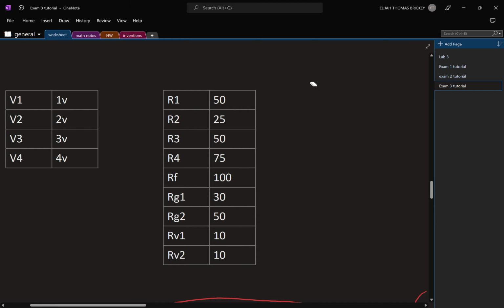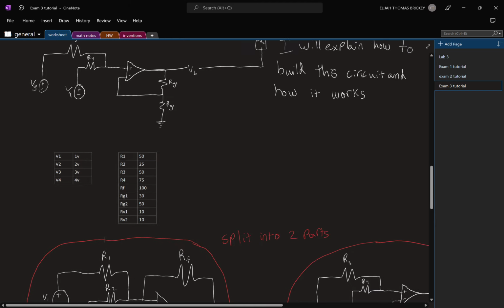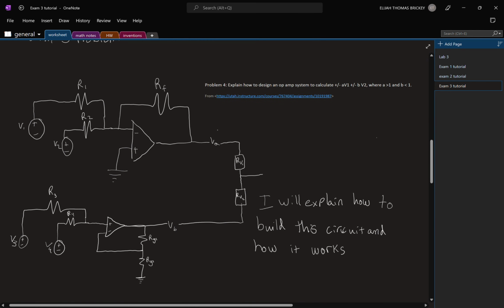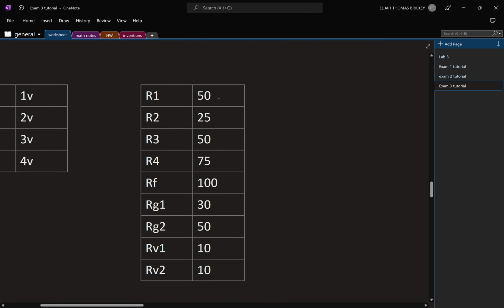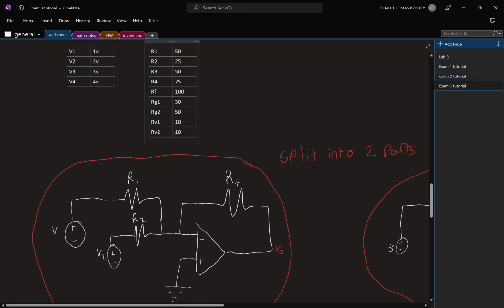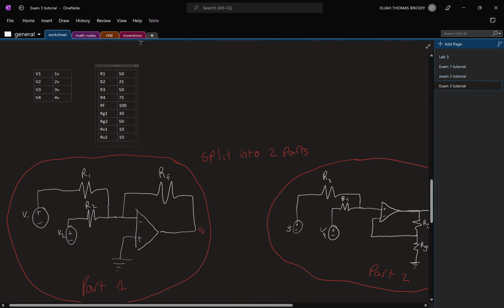I wanted the inverting amplifier to have a gain greater than 1 over here, and I wanted the gain down here to be less than 1. So I took a while to create values that would give each the proper gain I wanted. That ended up being those values.